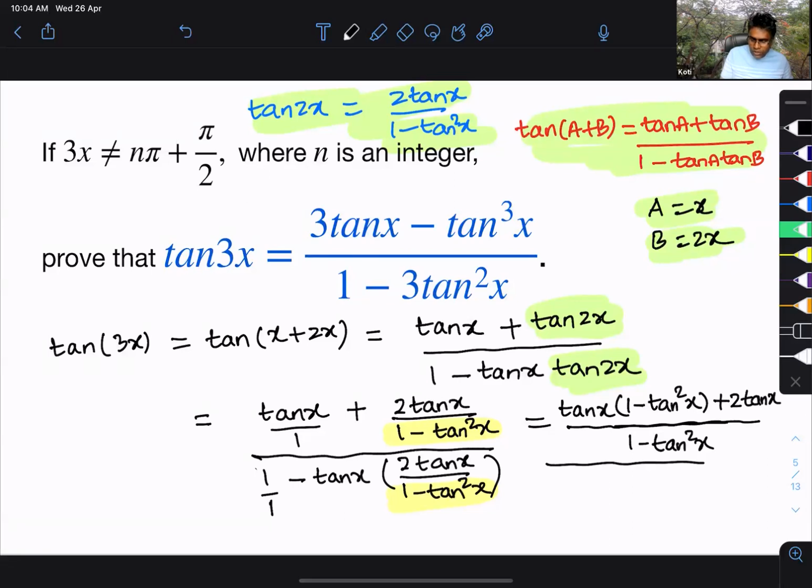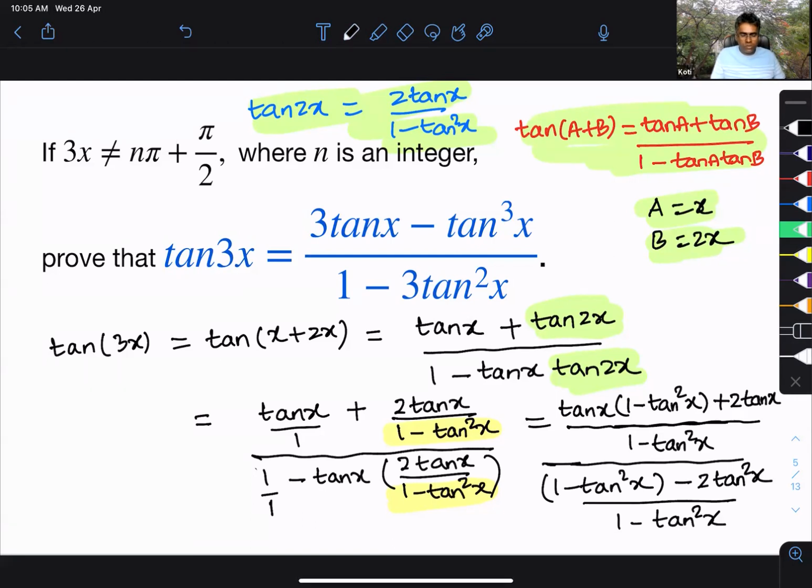And in the denominator, you have 1 minus tan square x minus tan x into 2 tan x, which is 2 tan square x, divided by 1 minus tan square x. Okay guys, I'll pause here. Let me know if you have understood this.